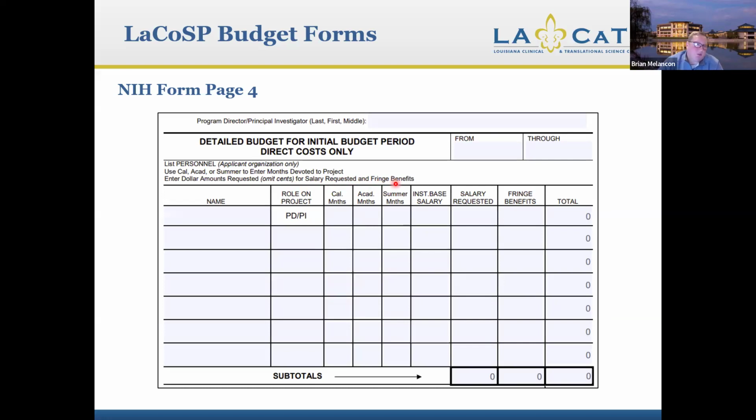Of course, we won't be using percentages here because it's calculated in months, but a lot of us know this by FTE, full-time employee, the percentage and the effort that these folks are participating on this particular project. So for example, for a 12-month appointment, which is calculated here in calendar months, if this person's going to spend 40 hours a week on the project, which means they're 100% effort, then that is 12 months.